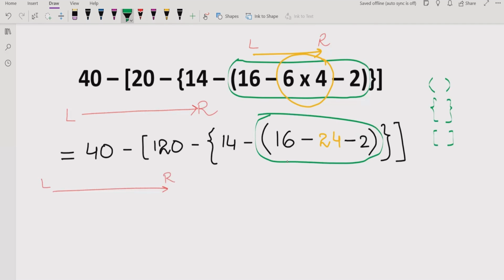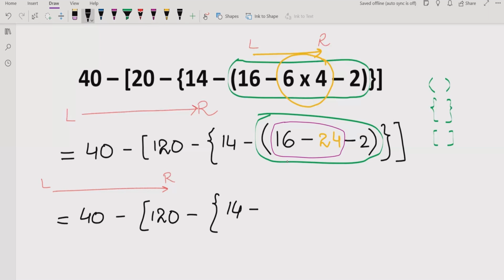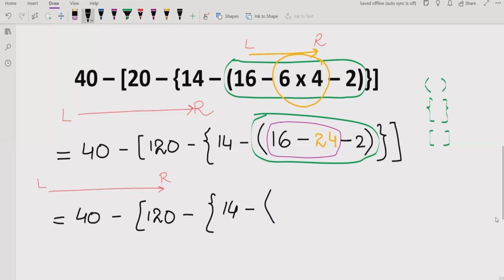Now, going left to right again, we solve this expression first, because 16 minus 24 comes first.